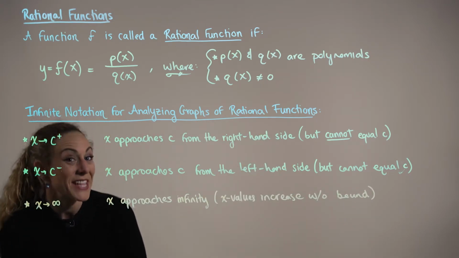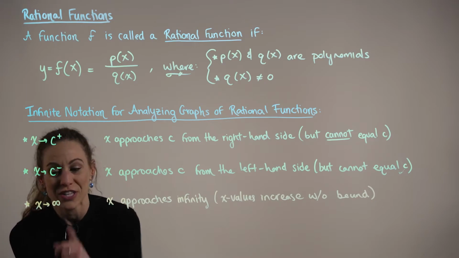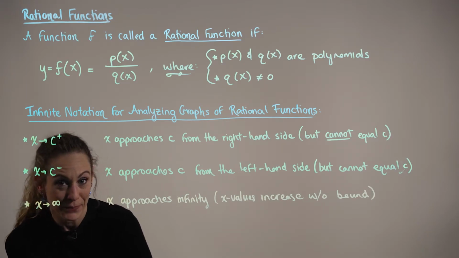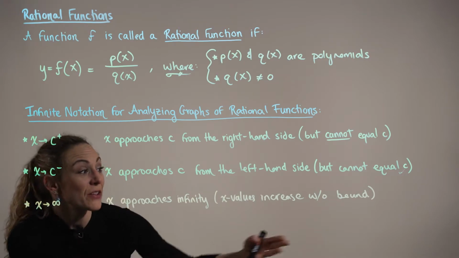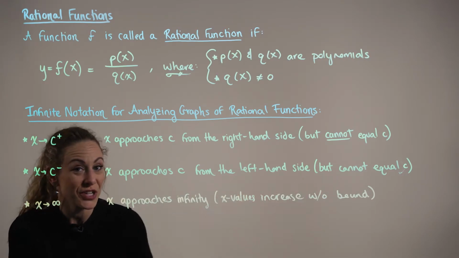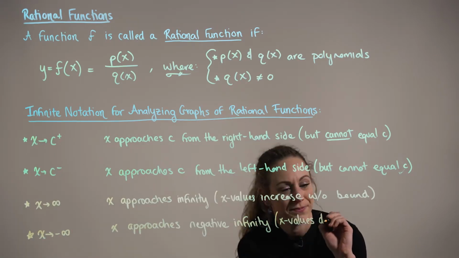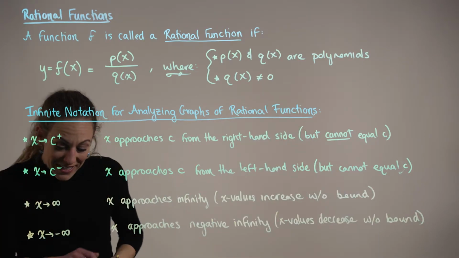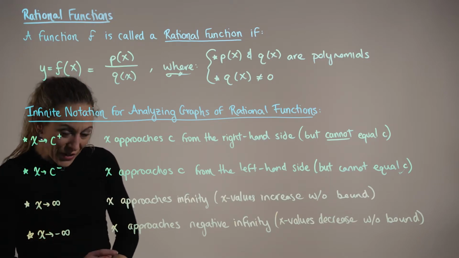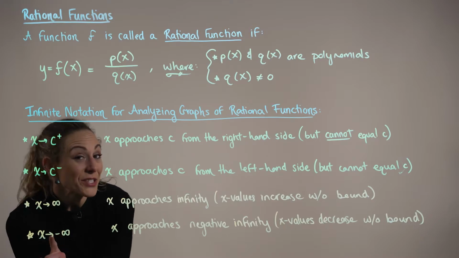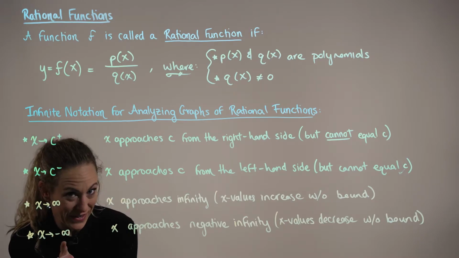Thinking back to the end behavior of polynomial functions, we recognize this as x approaching positive infinity, or in other words, the x values are growing in a positive direction without bound. And recognizing this last infinite term from the end behavior of polynomial functions, we know that this reads x is approaching negative infinity.